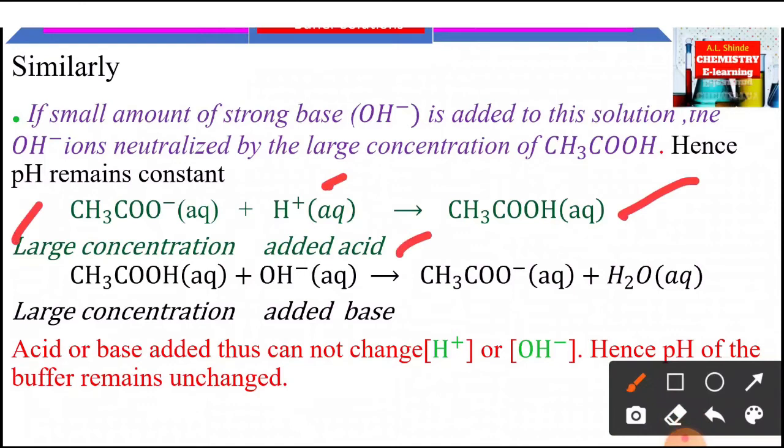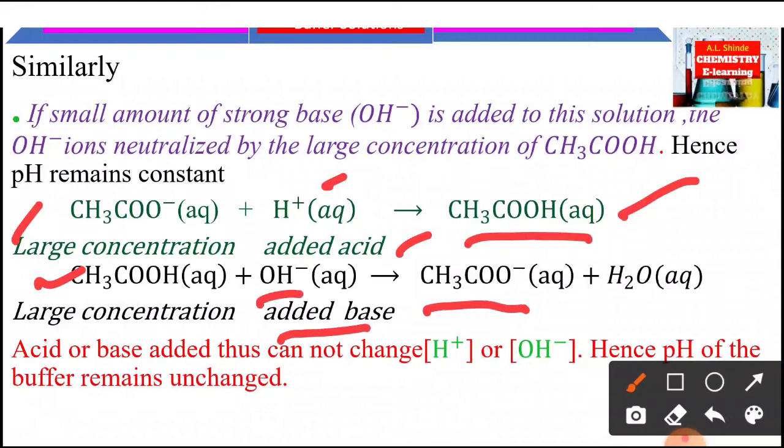Now, in this solution, some strong base is added that contains OH minus ions. That means the CH3COOH written here is in large concentration. In this acetic acid, the OH minus ions of the added base are neutralized by this acetic acid.